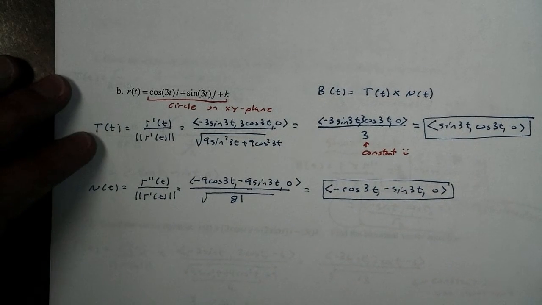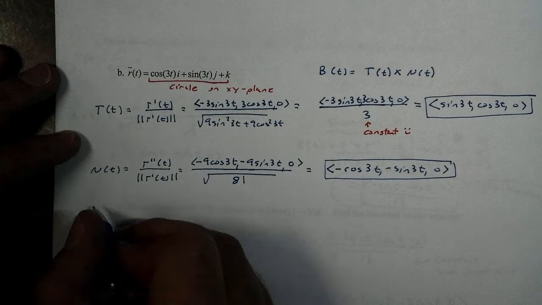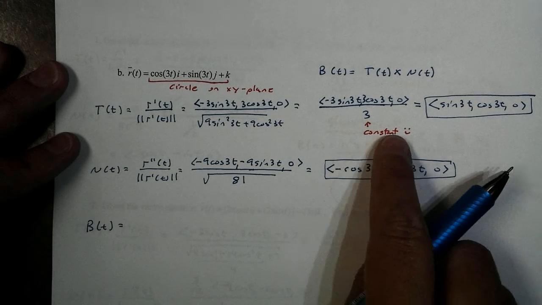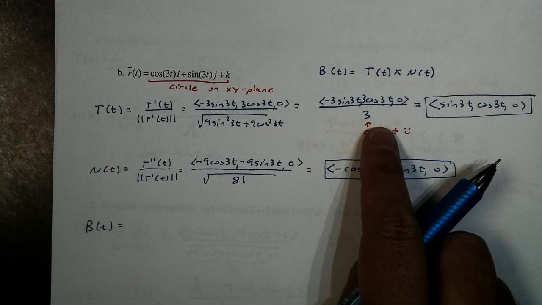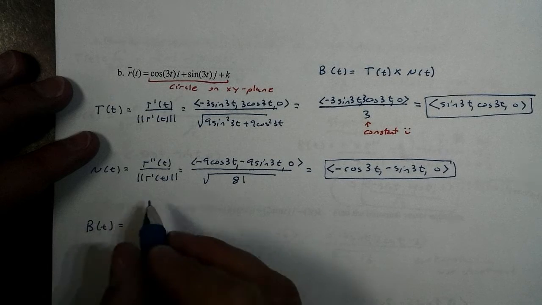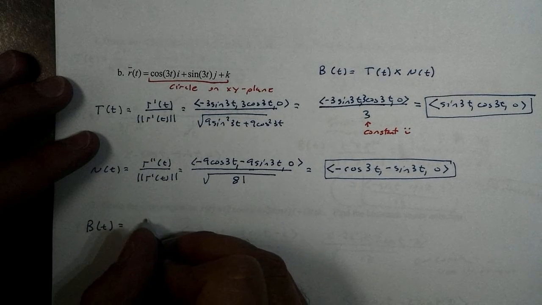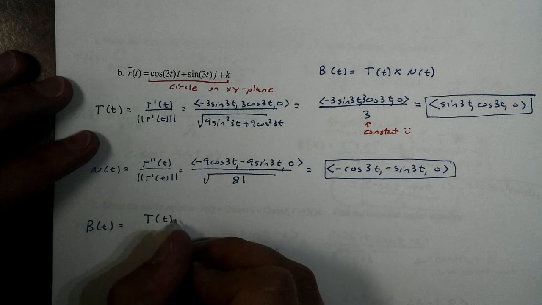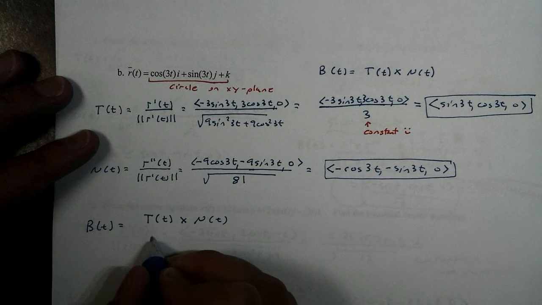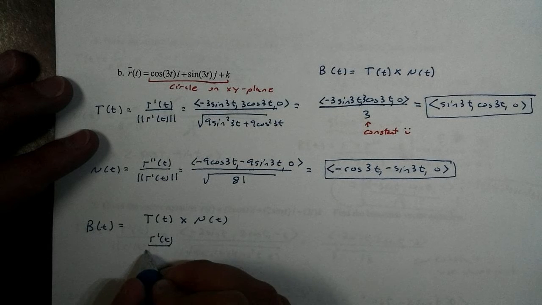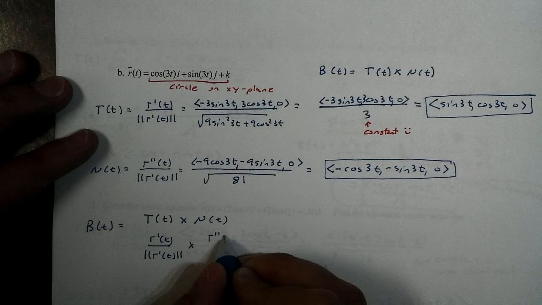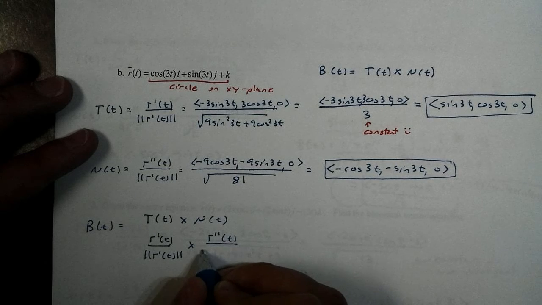So there's our unit tangent, there's our unit normal, and now we have to get our binormal. Remember, because the magnitude of r prime was constant, I can use my shortcut. Let's review our shortcut real quickly. We have the unit tangent, r prime of t over its magnitude, cross that with the second derivative over its magnitude.